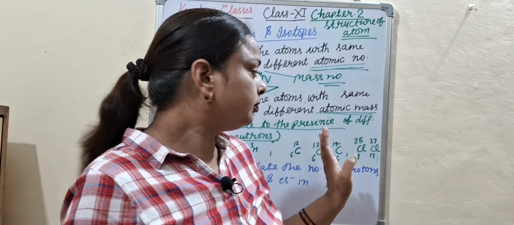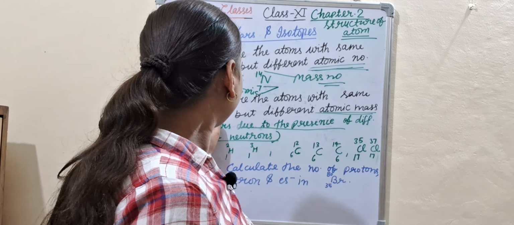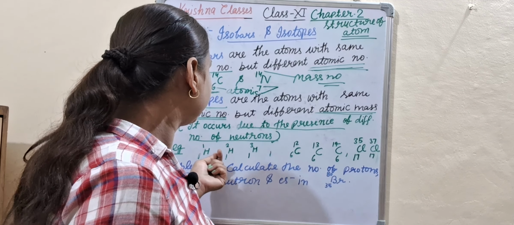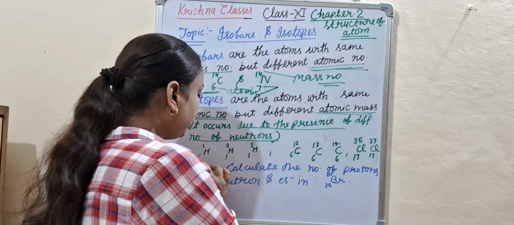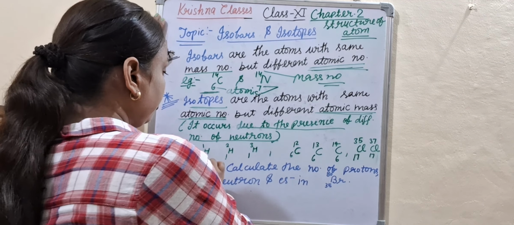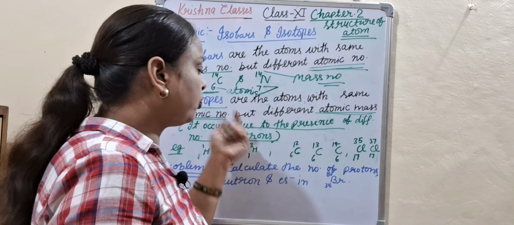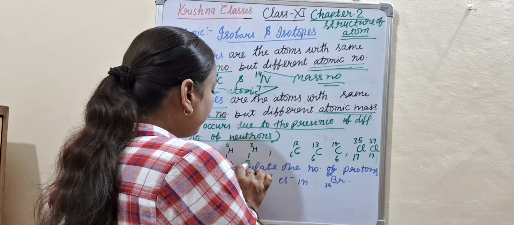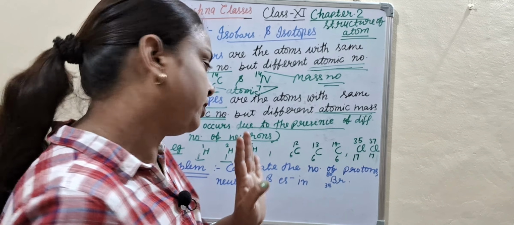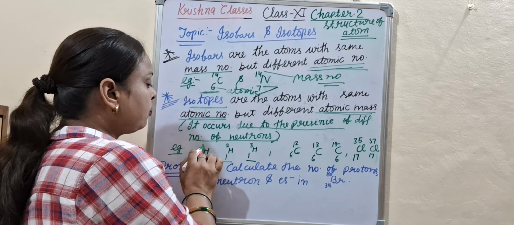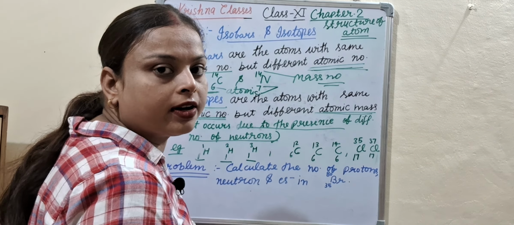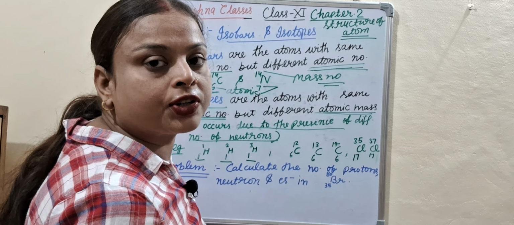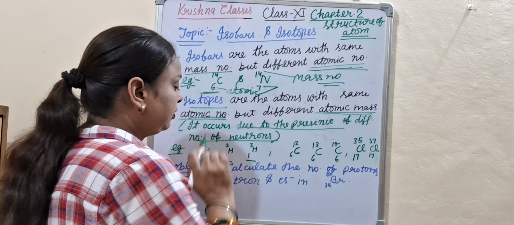You know very well the atomic number is same, like here you can see in hydrogen 1H1, 1H2 and 1H3. The number of protons, the atomic number, is the same, 1 1 1, but the mass numbers are 1 2 3. How do they differ? Due to the presence of extra neutrons.